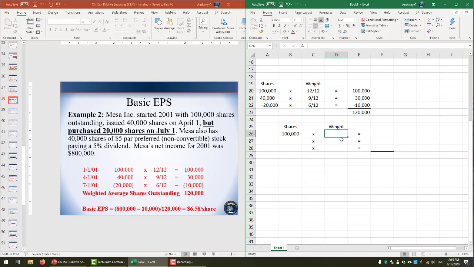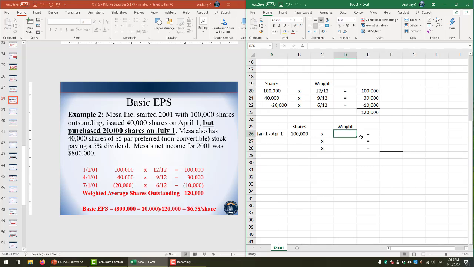So again, this 100,000 shares goes from January 1st until April 1st, so that receives a weight of 3 out of 12, or 1/4, so 25,000. On April 1st, another 40,000 shares are issued, and so we'd have 140,000 shares.